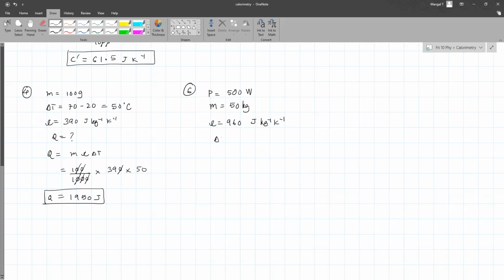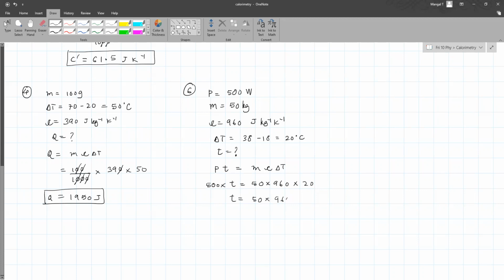Okay, and the rise in temperature is 38 minus 18. That will be 20 degrees Celsius. So we have to find the time. So like I told you, power into time will be the amount of heat. So this is 500 into T. This will be 50. This will be 960. And that will be 20.